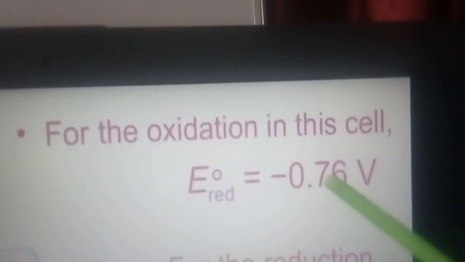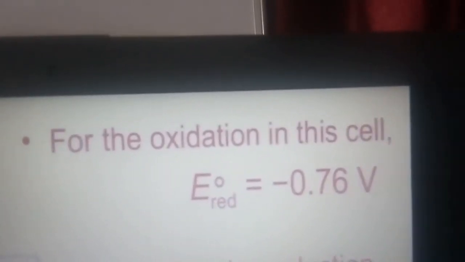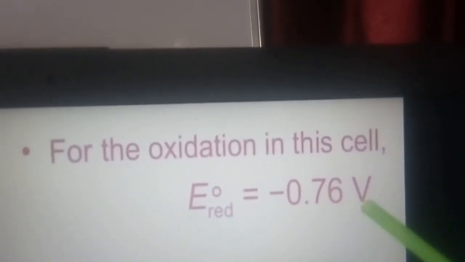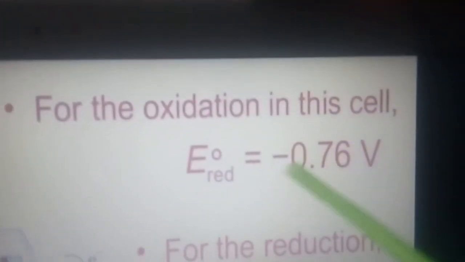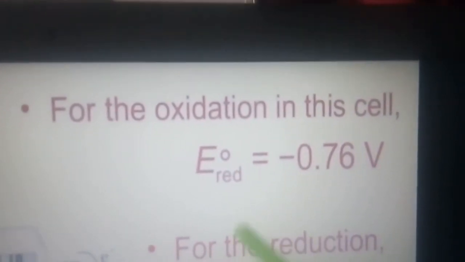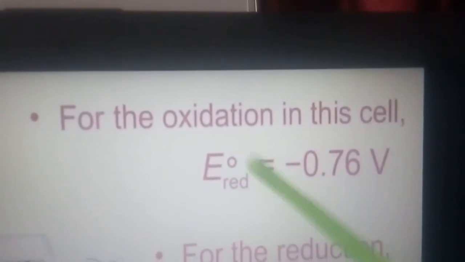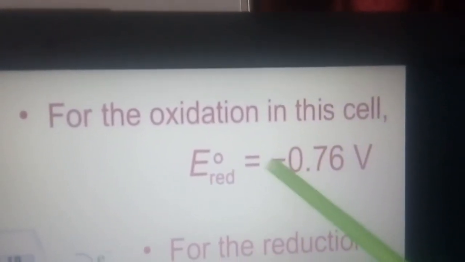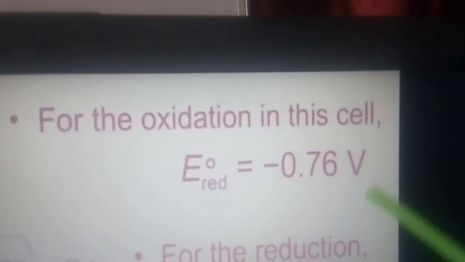The standard electrode potential for the zinc electrode is 0.76. Since here it is an oxidation half, to have the reduction electrode potential you have to put a negative sign. That means the reduction electrode potential for the zinc electrode here is minus 0.76 volt.